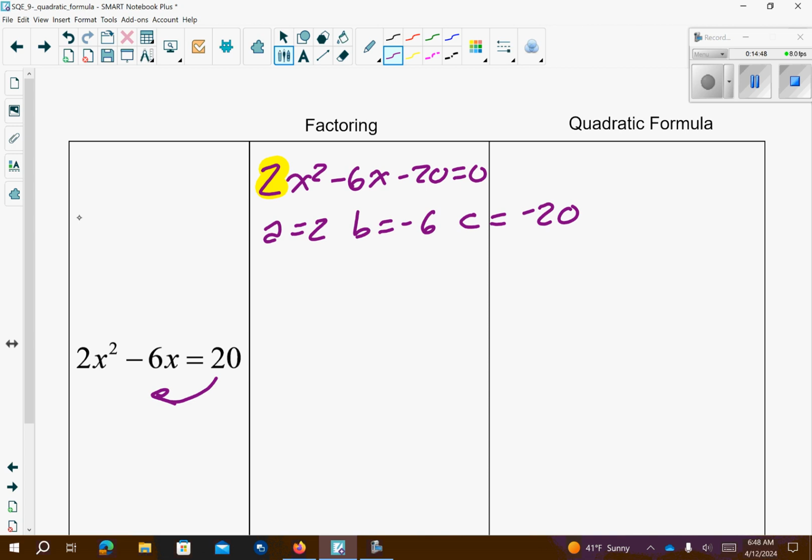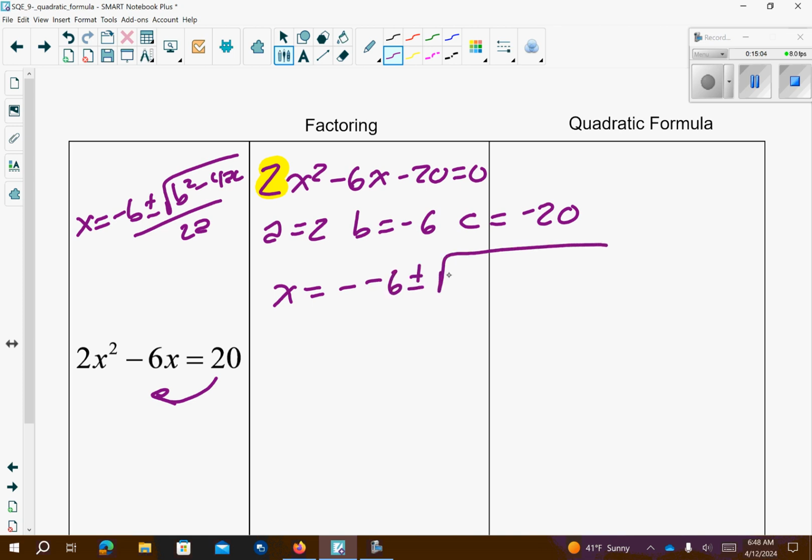So my quadratic formula is x equals -b plus or minus the square root of b squared minus 4ac, all divided by 2a. So I'm going to get x equals negative, because there's a negative out front, and a negative 6. So that'll become positive eventually. And I get negative 6 squared minus 4a, which is 2, c, which is negative 20, all divided by 2 times 2.